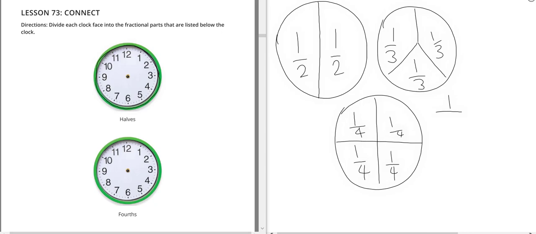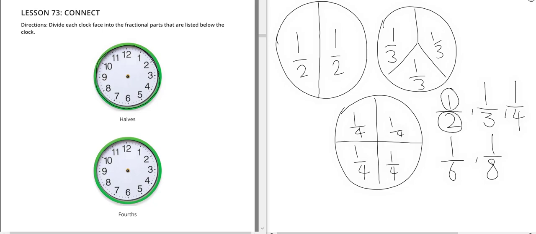Half or third or fourth or fifth, sixth or eighth, and so on, is called unit fraction. Here we have 1 in numerator and 2 in denominator.